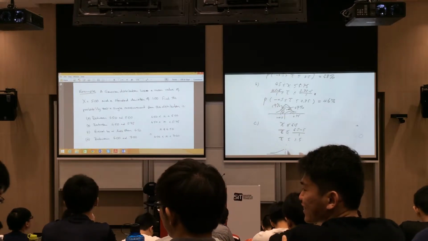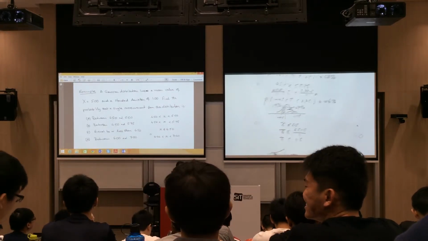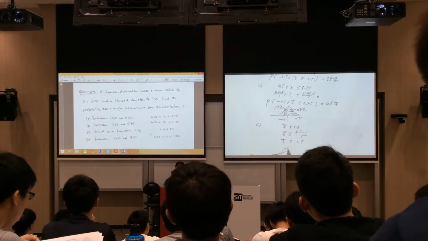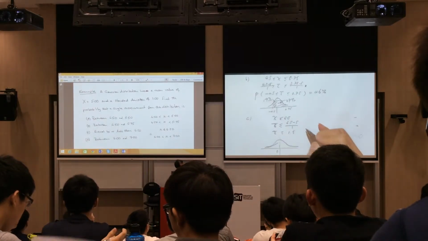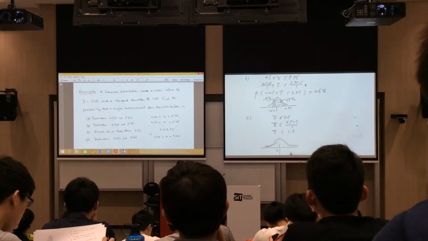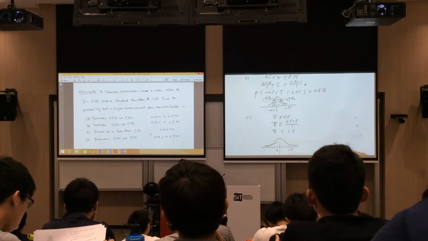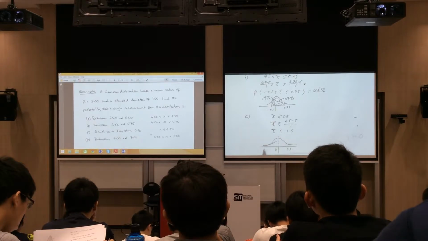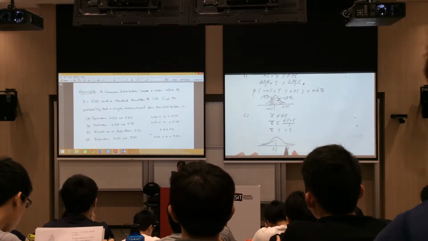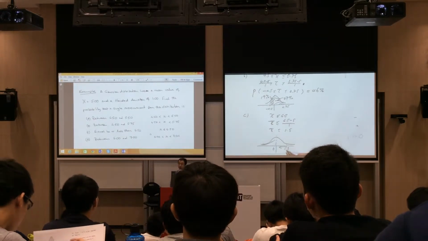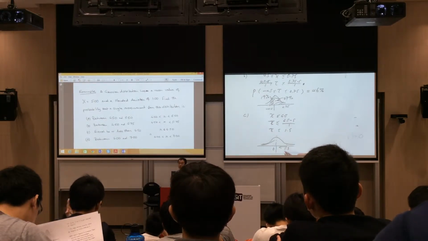What does it mean here? You have a normal distribution. The center is 0, and here is 1.5. Basically you need to find the probability when tau is less than 1.5.